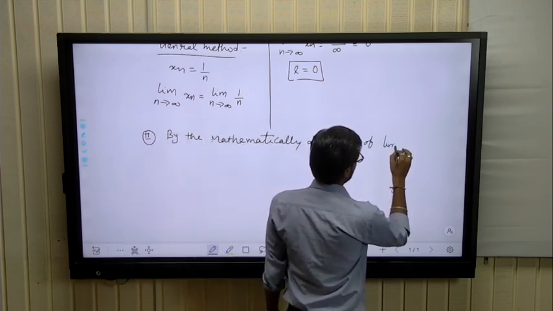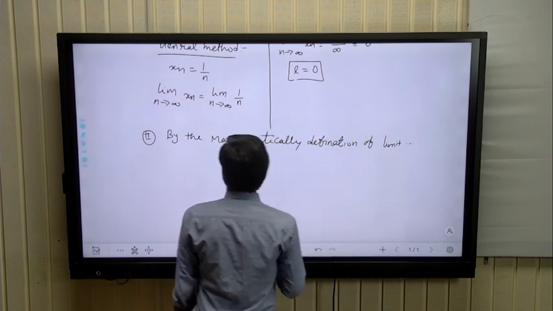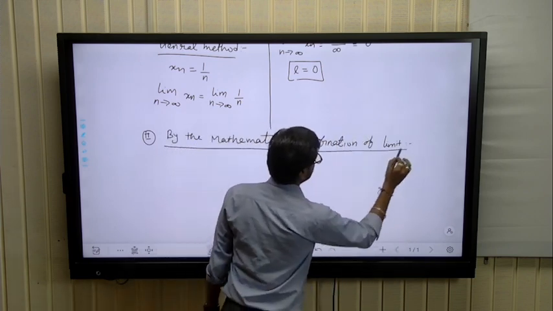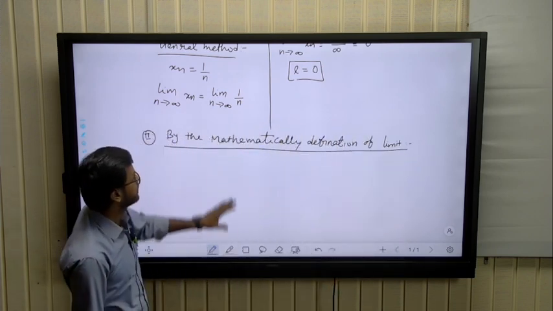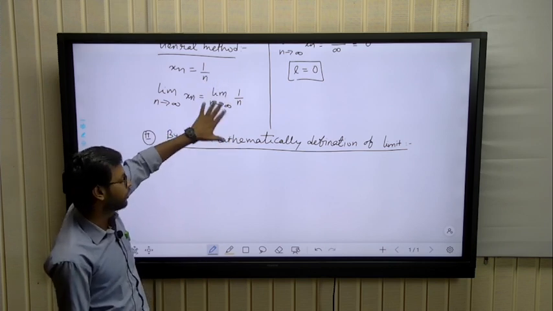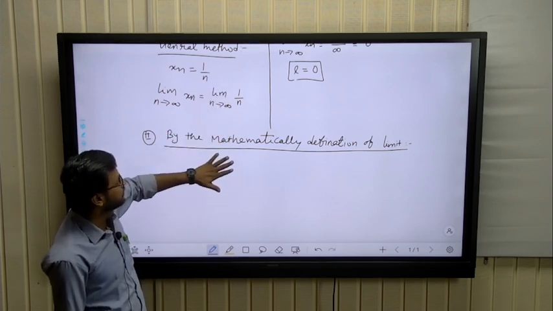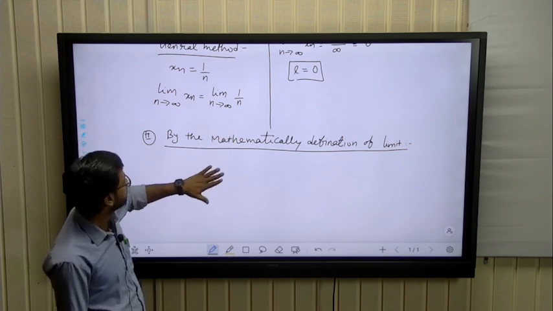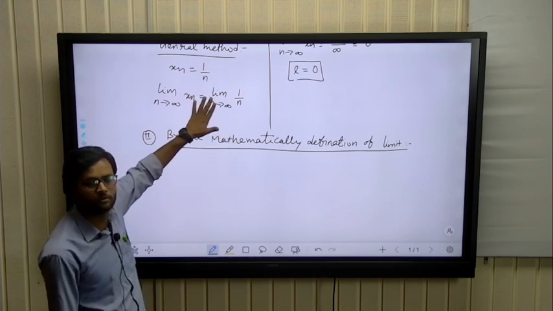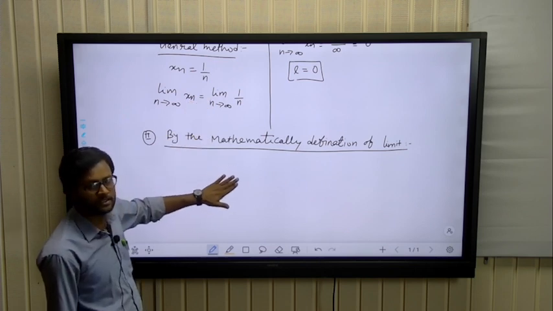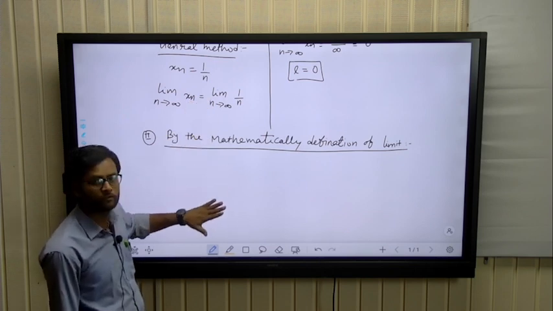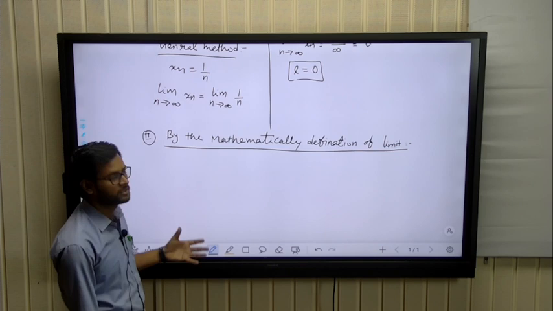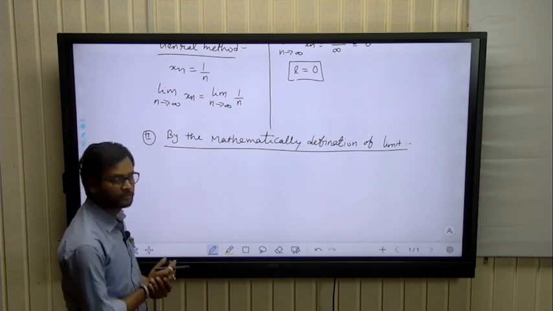Here we use the definition of limit to find the limit of a sequence. This is the general method. Both methods are right and the answer from both is the same, but the first is a high school method, so we don't prefer it. Most of us prefer this method because it is the mathematical definition method.